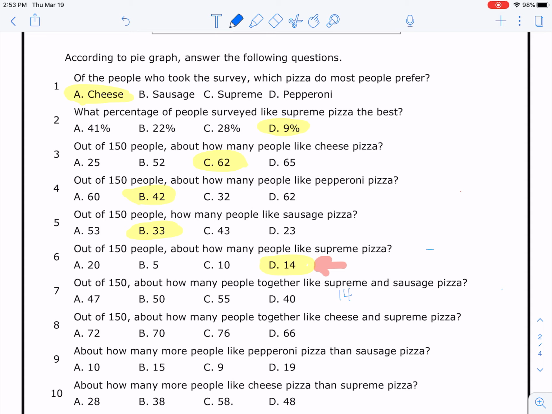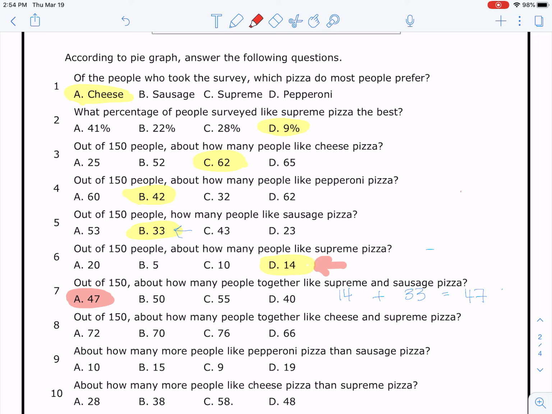And then we know that for sausage, 33 people liked it. So if you just add that up together, that should give you the answer instead of going back and doing another proportion for this. So 47 would be the answer for number 7.